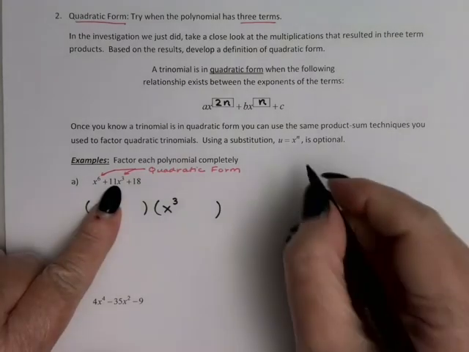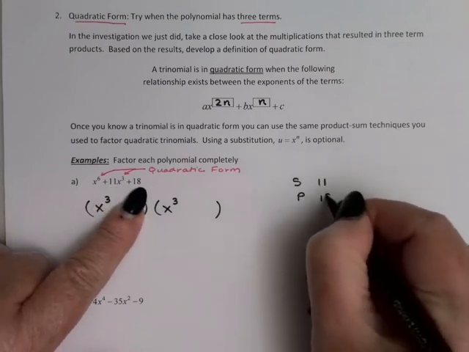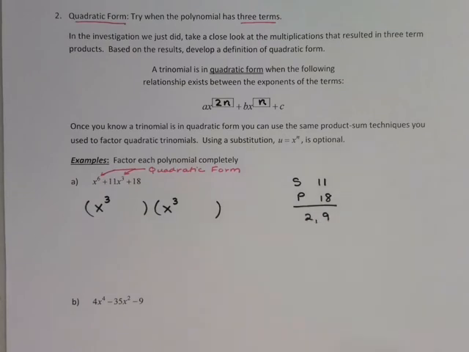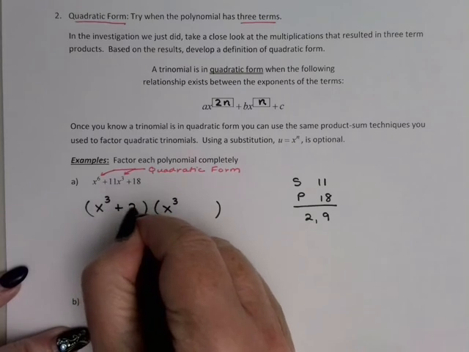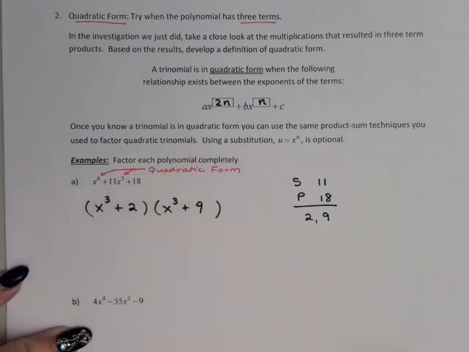All right, I'm now looking for a sum of 11 and a product of 18. Thinking positive 2 and positive 9 there. So x cubed plus 2 times x cubed plus 9 will be my factored form.